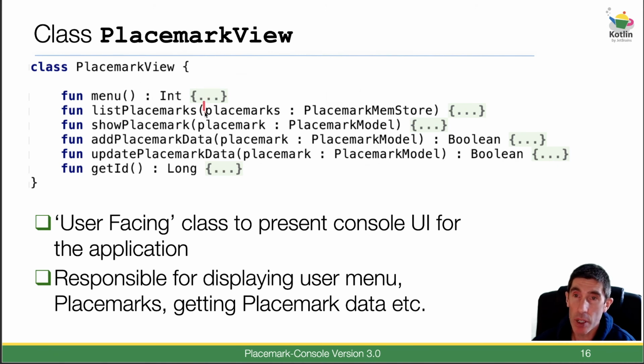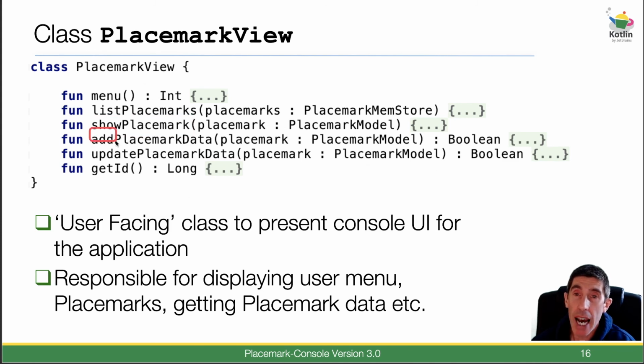If you can see the parameters, we're passing in our placemarks reference, which is our placemark memstore, which internally will hold that list plus all the other functionality. If we want to show an individual placemark, we can do that through our show placemark function.